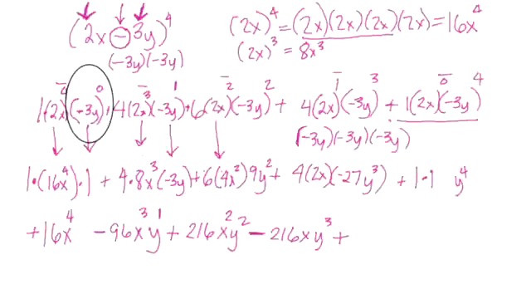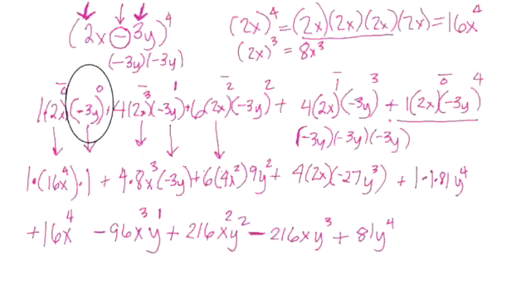So really all I have to think about is what is negative 3 times negative 3 times negative 3 times negative 3? Well, I know that that is going to be positive. So now all I have to worry about is 3 times 3 times 3 times 3. So 3 times 3 is 9. 9 times 3 is 27. You are on top of this. You did not need my help with this. Okay, so this is 81y to the 4th.